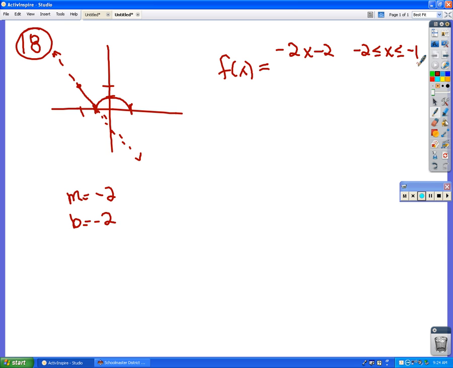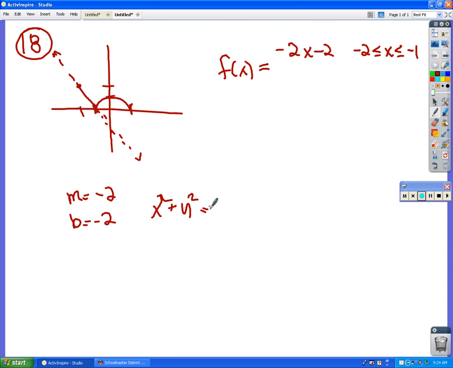Did you guys study, do you know the equations for circles at all? A little bit? So do you remember? Anybody? Give me a general equation for a circle. Yeah, that's the one, Ben. x squared plus y squared.